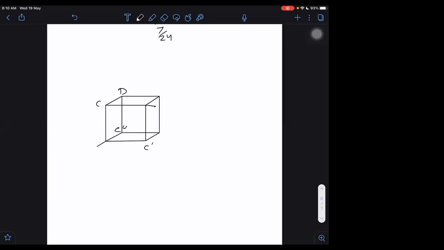D and D dash. No, we can't do that. Sorry. We cannot say these are same. This is C and C dash only, and this is D and D dash. I can only say this much, that C and C dash are at same potential, D and D dash are at same potential. And I cannot say any other thing.